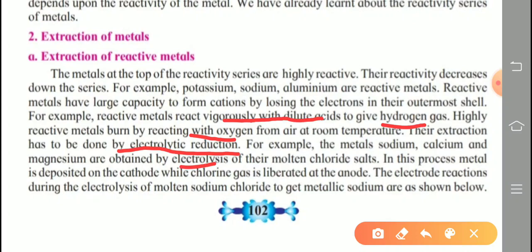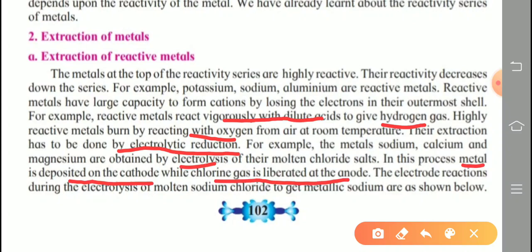In this process, metal is deposited on the cathode while chlorine gas is liberated at anode. Remember, metal is deposited on cathode and chlorine gas liberated at anode.